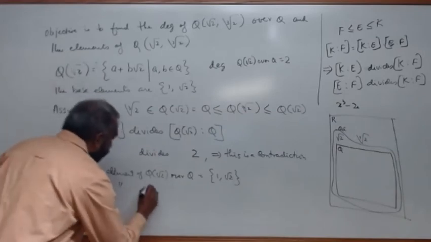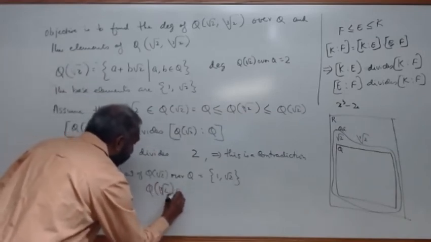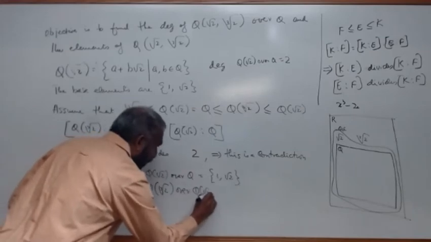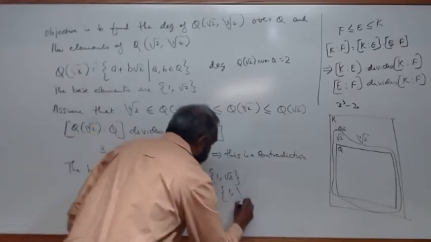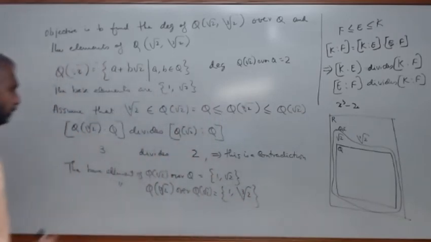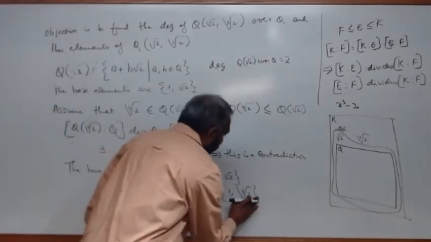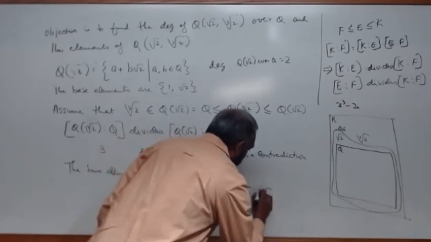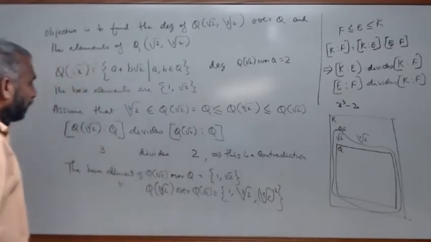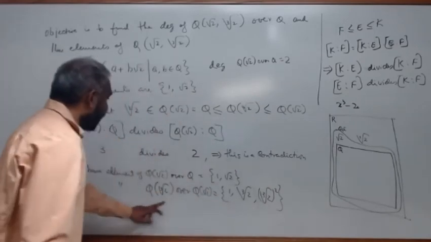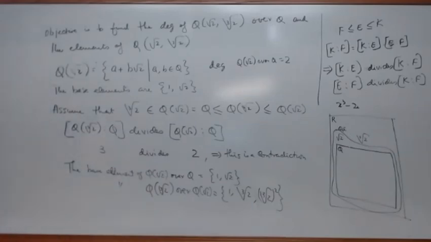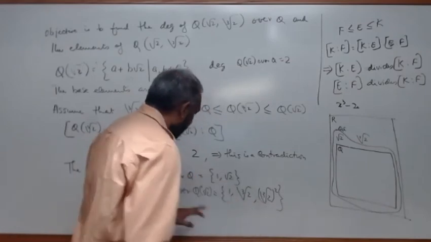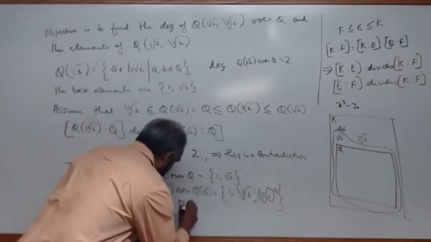The base elements of cube root of 2 over Q(√2), to be safe: 1, cube root of 2, no, not just this. 1, cube root of 2, cube root of 2 squared. Because it should have 3 elements. None of them can be expressed in terms of root 2. Actually, this is same as Q.